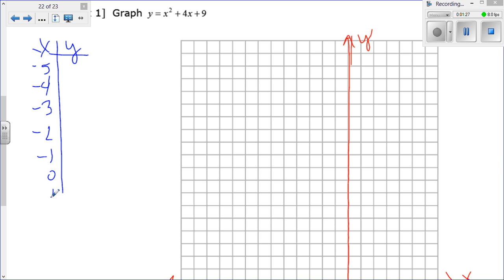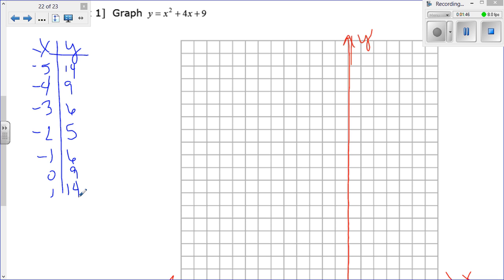Those are my 7 points. The y values are 14, 9, 6, 5, 6, 9, and 14.